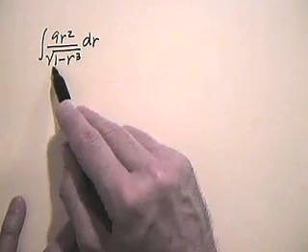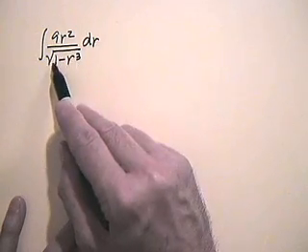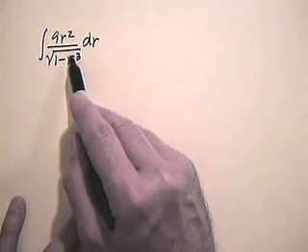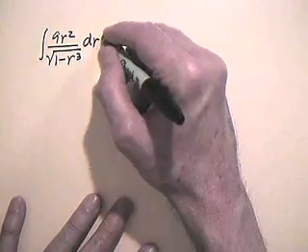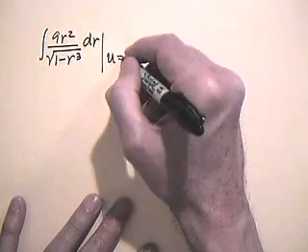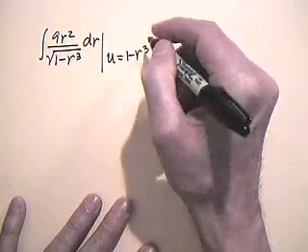So what we want to do is try and simplify this integrand by substitution. One thing that would make things simple is if instead of having an expression inside the square root, I simply had a single variable there. And so let's start by trying to set u equal to 1 minus r cubed.